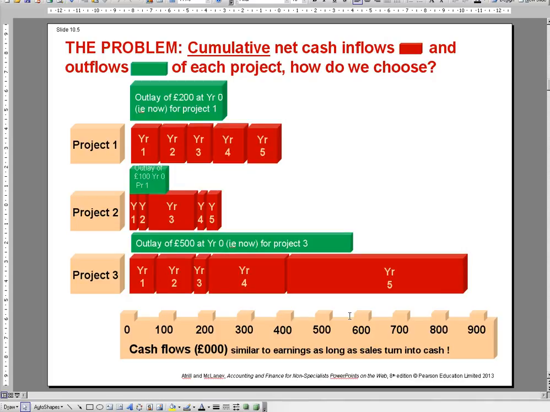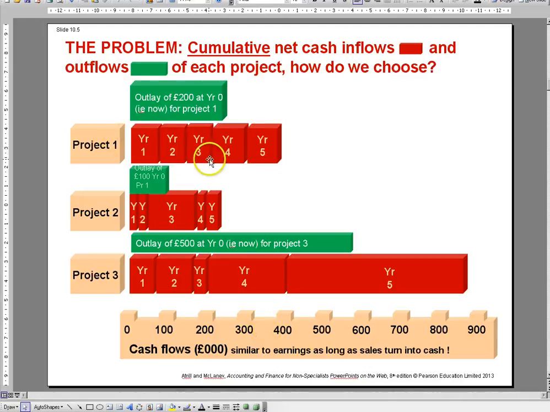So, what is the problem? Well, the problem is that with a project, we've got projects 1, 2 and 3, we estimate the cash inflows and match it against the cash outflows. So how do we choose between these projects? Let's have a think about it.